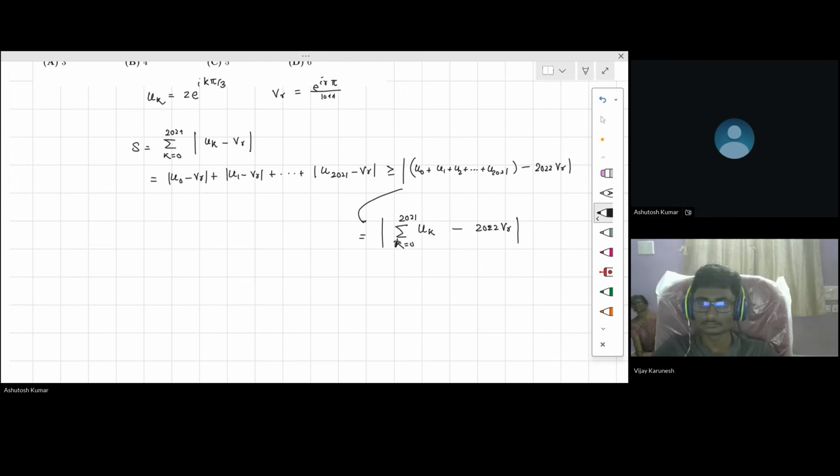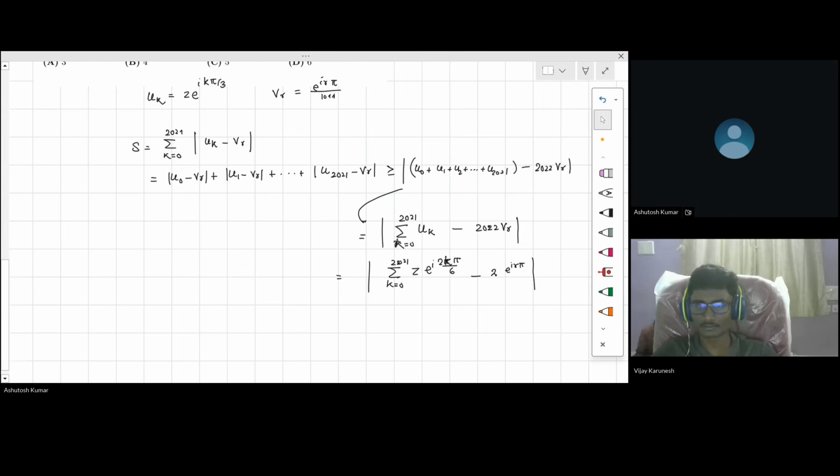Now we are asking the summation k goes from 0 to 2021, and uk is z times e to the power i 2k pi by 6. I can write 2k pi by 6, and there's a reason why I'm writing it. And vr I can write directly as 2 times e to the power i r pi, because 2011 will cancel that, correct?